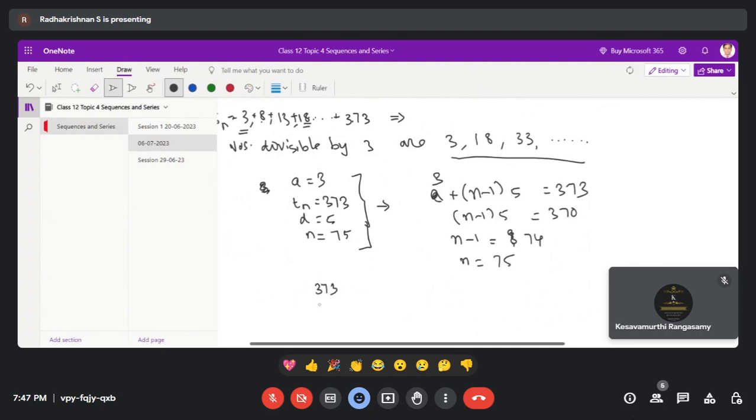So what is before that? 5, you have to subtract 5. 368. Is it divisible by 3? No. So what is before that? 363. Right? It is divisible by 3, sir. So here the last term is 363. Right? So numbers divisible by 3 are 3, 18, 33 up to 363. So same way you can calculate what will be the n for this.